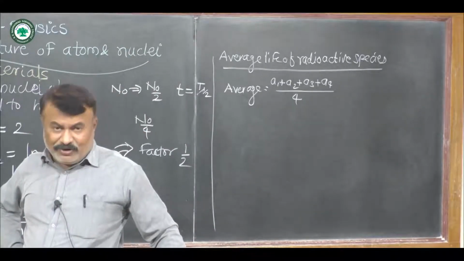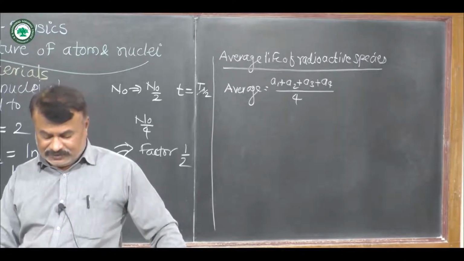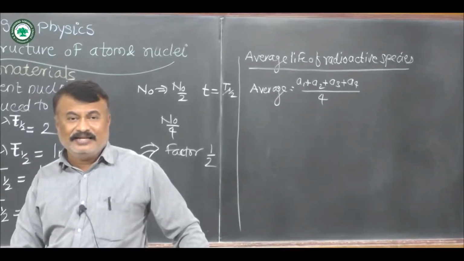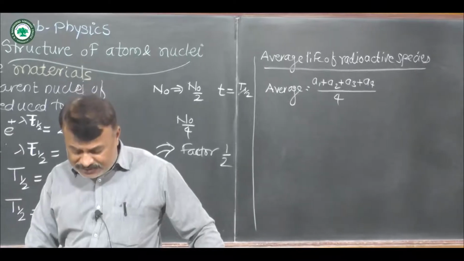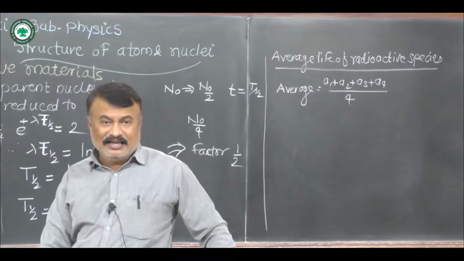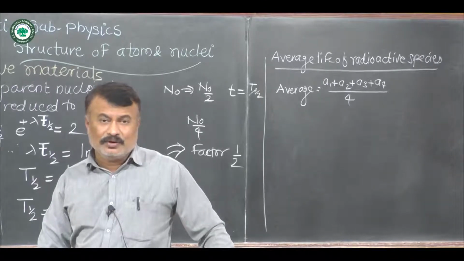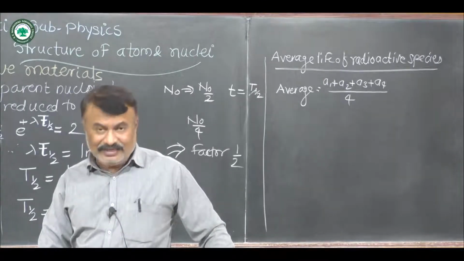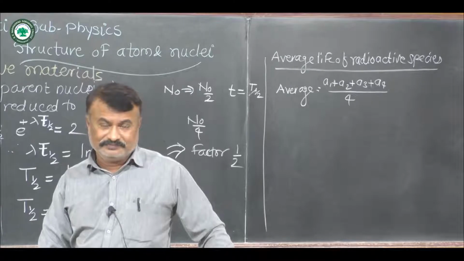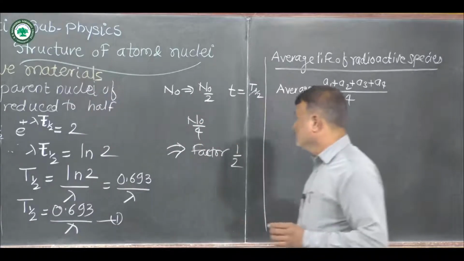The number of nuclei decaying between time t and t plus dt is lambda N0 e raised to minus lambda t into dt. Now we take total readings.